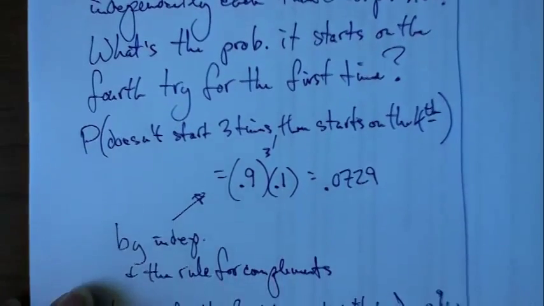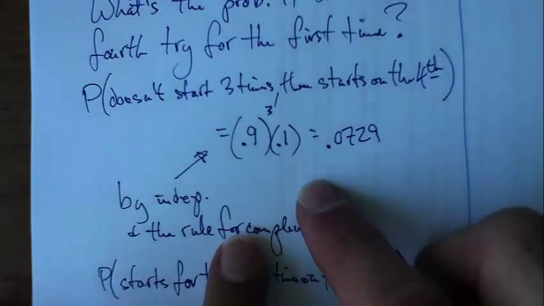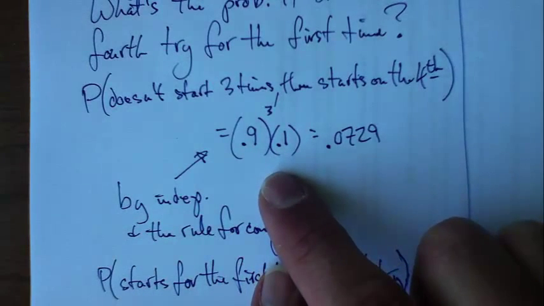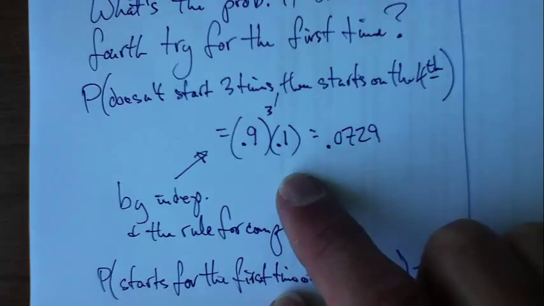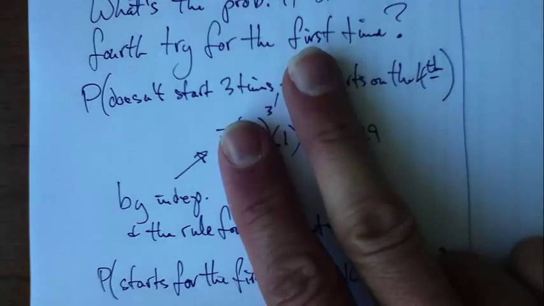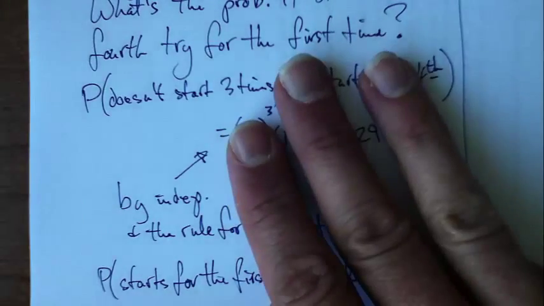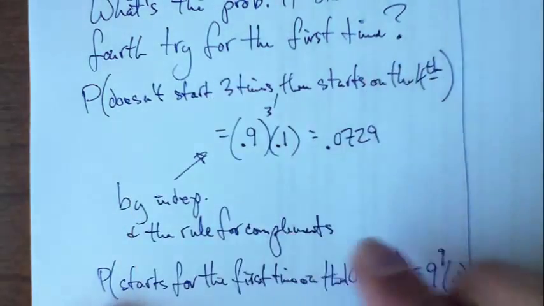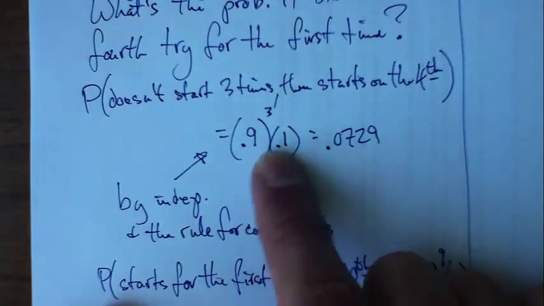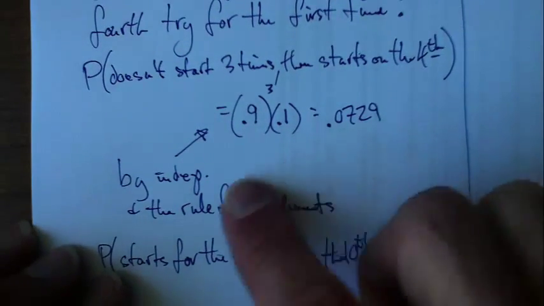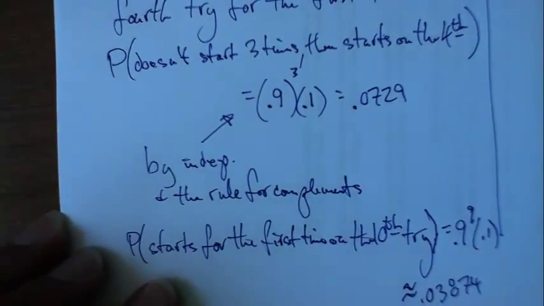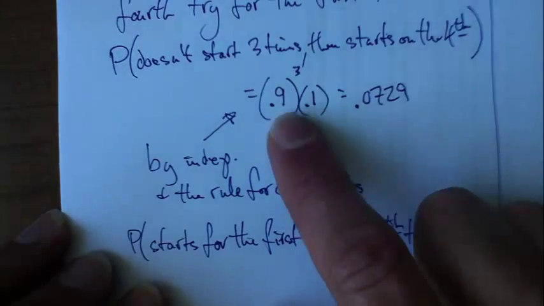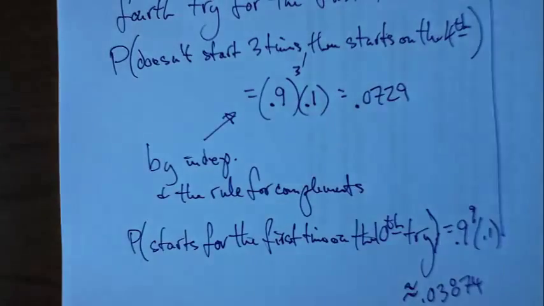Well, by independence, since these are independent trials, I can just multiply the 4 probabilities. It's the chance that he doesn't start times the chance that he doesn't start times the chance that he doesn't start, and then finally times the chance that he does start. So this is by independence and the rule for complements. The chance that it doesn't start is going to be 0.9 if the chance that it does start is 0.1.